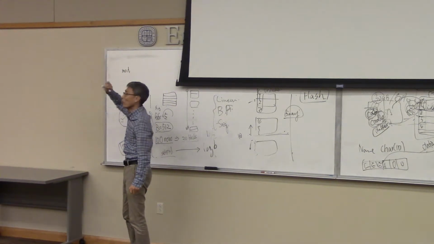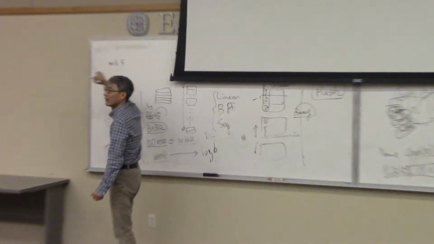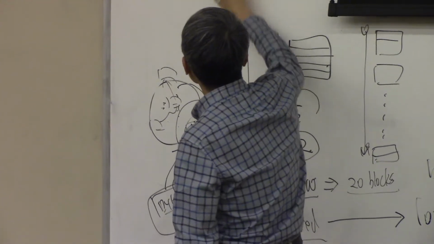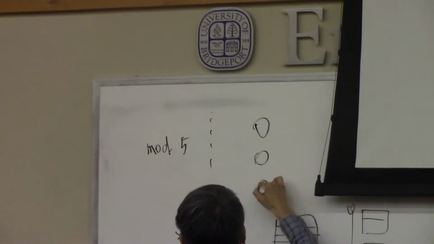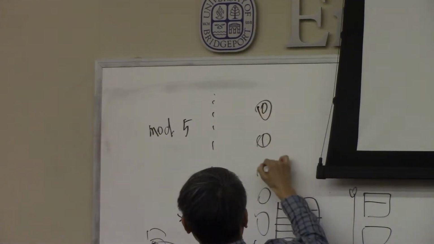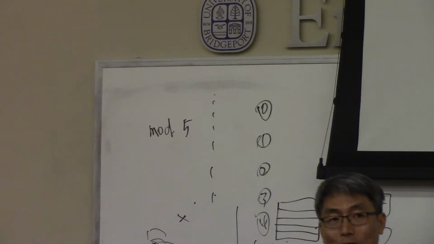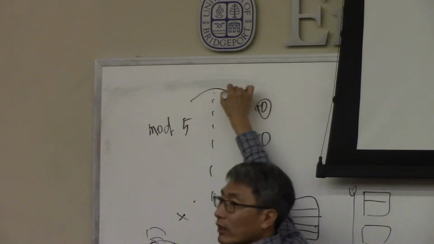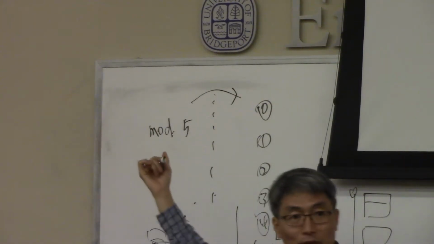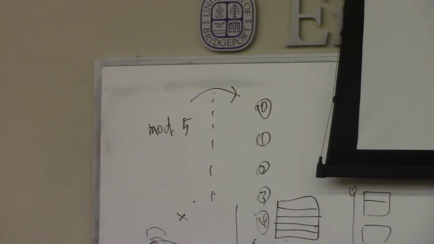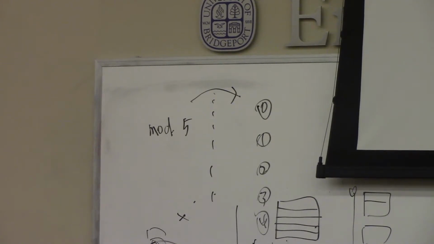Modular, modular by 5, for example. Whatever the input data you have, it will be one of these values. It's very simple. A characteristic of a hash function is that it is one way. You cannot go back. So using a hash function, we can store the data by hash value.